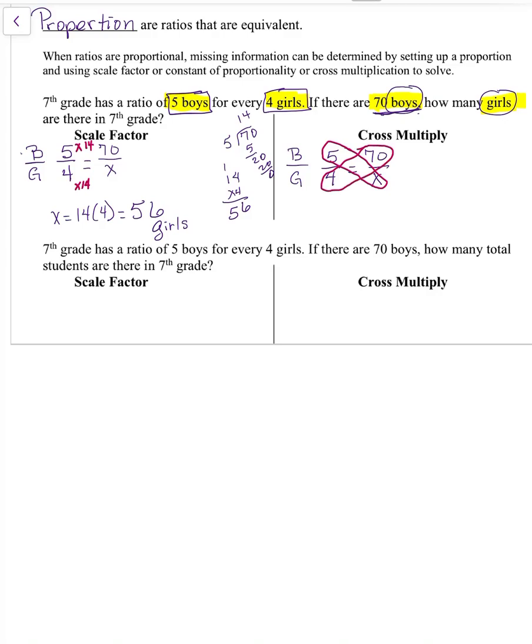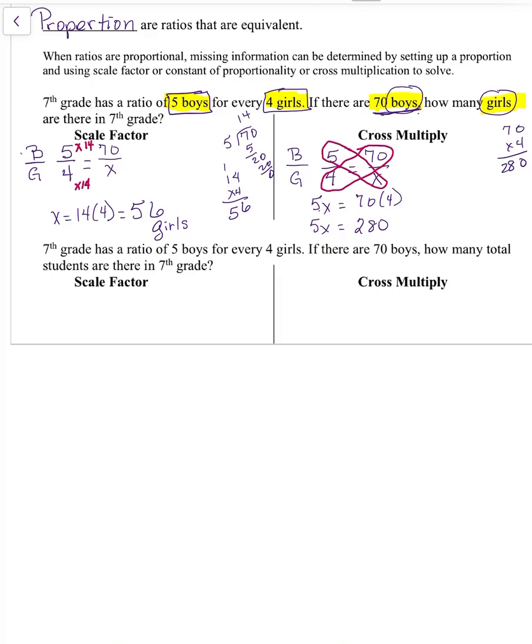So 5 times x is 5x equals 70 times 4. 70 times 4, if you don't know what it is, you go to the side and multiply it. So 5x equals 280.